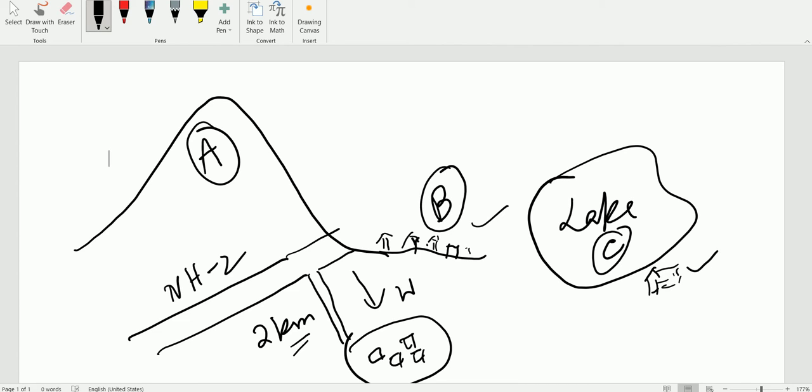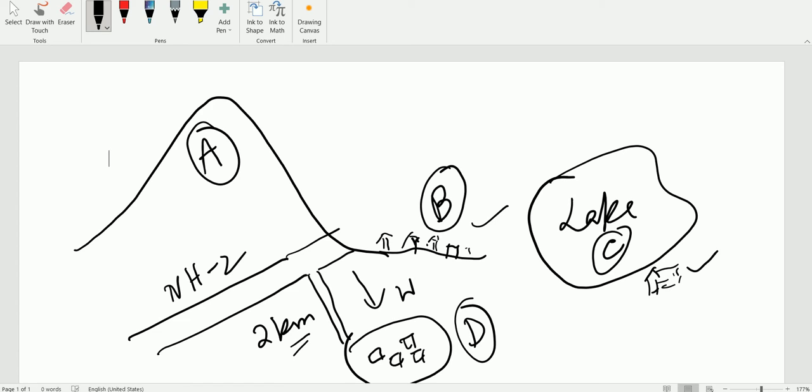So we can give our answer like this. Say the name of village is D. My village D is located 2 kilometers away west of national highway number 2. So in this way we can give the location.